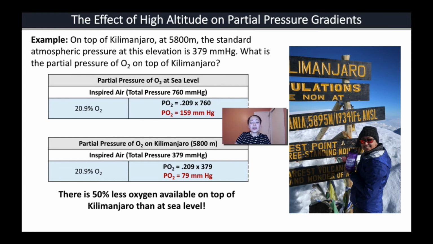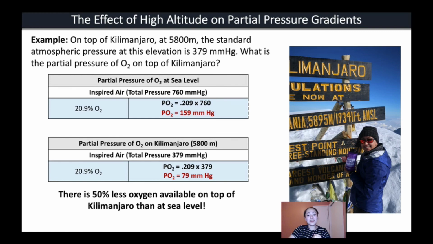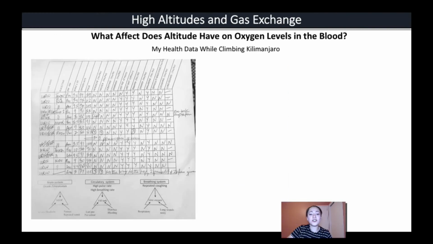And that's greatly going to affect how quickly oxygen can diffuse into your pulmonary capillaries, because now the partial pressure gradient is a lot less. And having less oxygen available to breathe can have huge impacts on your body, and especially how much oxygen, again, can get into your blood.